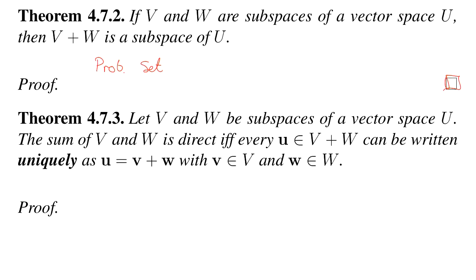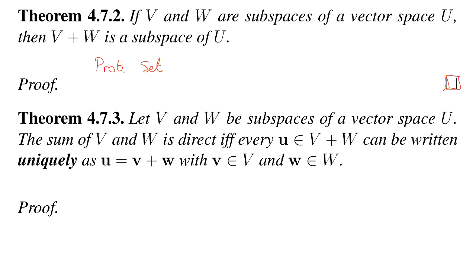The nice thing about direct sums compared with other sums is basically analogous to the nice thing about bases compared with spanning sets, right? So if you've got a basis, there's only one way of writing everybody in your space in terms of linear combinations of the basis. But if you've just got a spanning set that's dependent, there's infinitely many ways of writing some vector as a linear combination of the things in your spanning set.